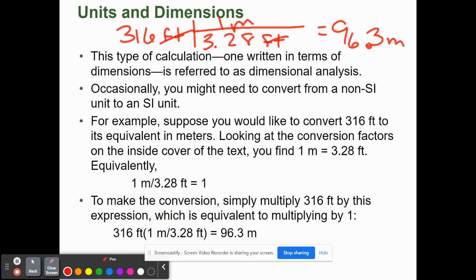So how many significant figures should be in my answer? 3. Which is why we rounded to 96.3. You do it on your calculator, you get 96.34146341. But to keep it at 3 significant figures, we round it to 3.